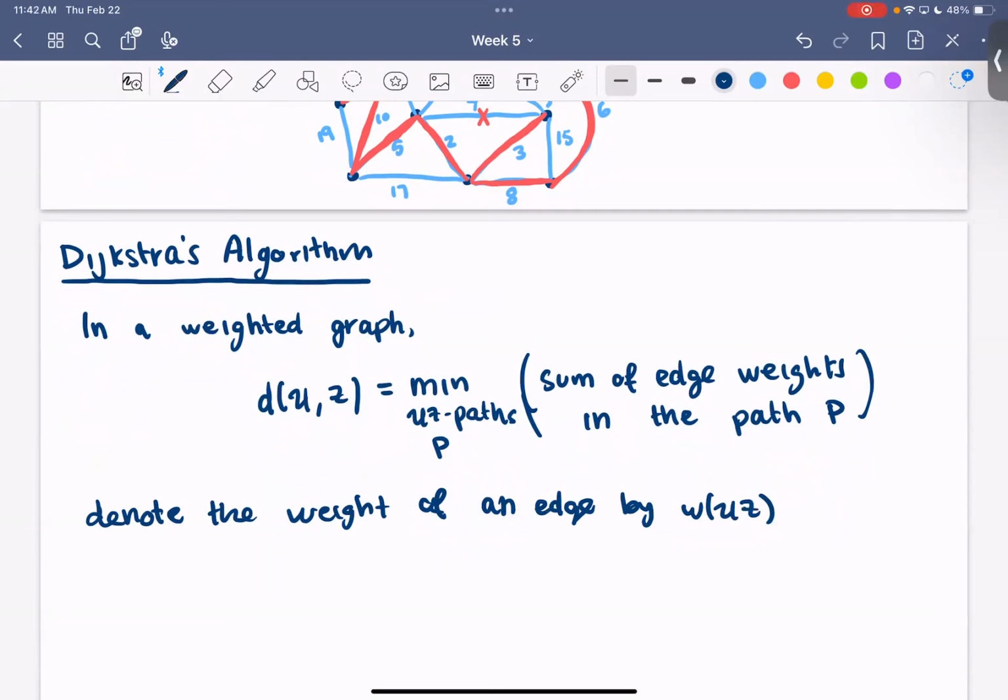And additionally, if UZ is not an edge in the graph, then we'll just take the convention that W of UZ is infinity. So if UZ is not in the edges of your graph, then we'll just say that the weight of that is infinity.